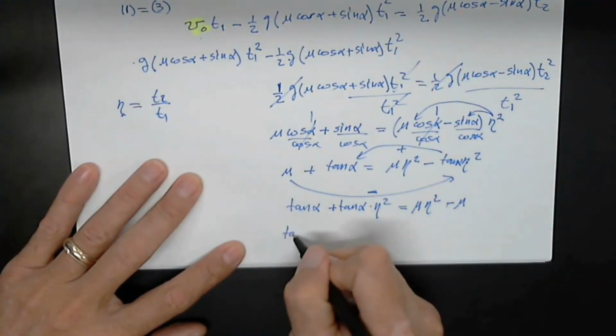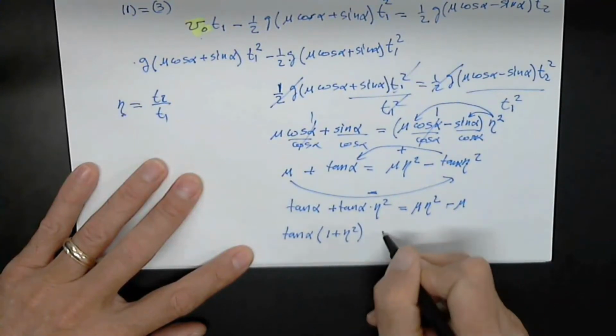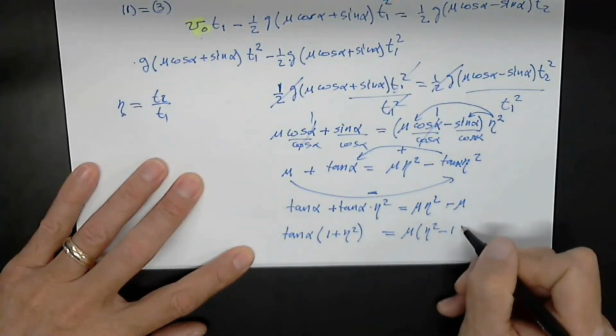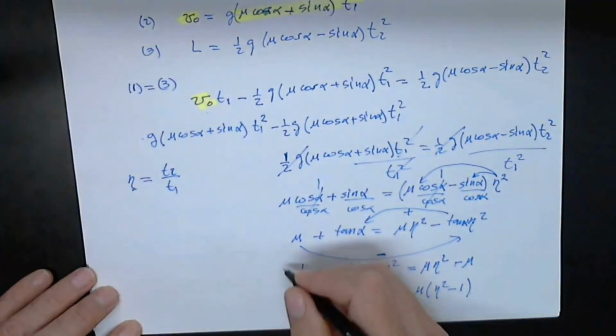Now over here I take tangent as a common factor, and over here I take mu as a common factor, and let's continue over here.